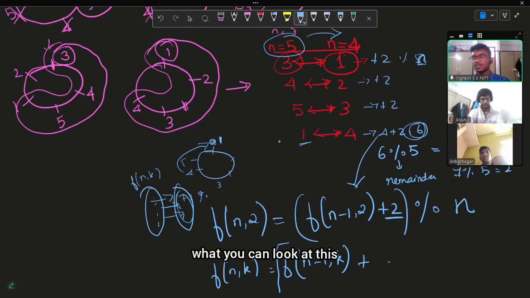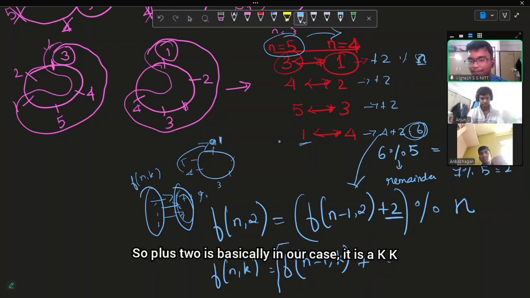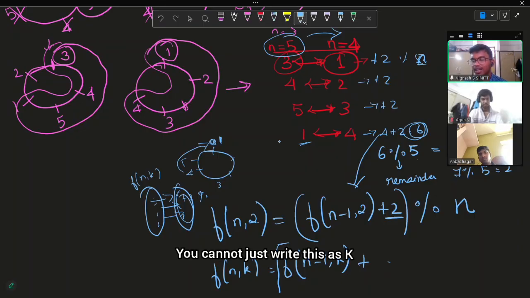What you can try to look at is that it is plus 2, which in our case is k. You cannot just write this as k because there is a problem with that. I will let you know.